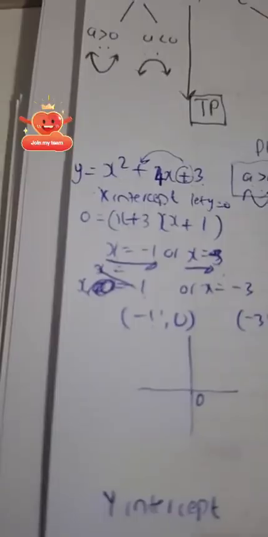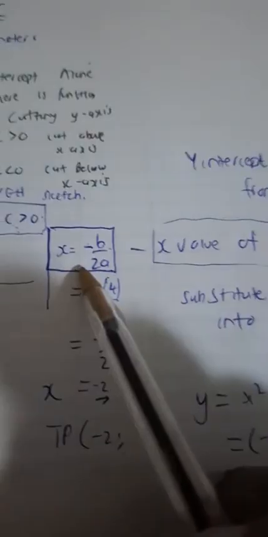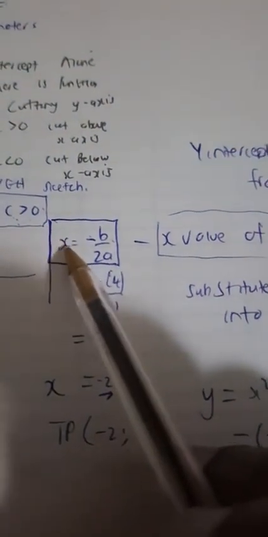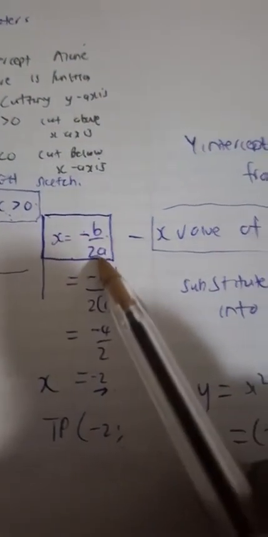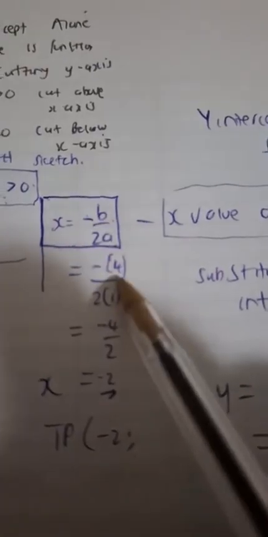After that, we went ahead and found our turning point. How? We have a formula that we use to find the turning point. It's called x is equal to -b over 2a. That's how we get the x value of the turning point, if our function is in this quadratic form. So we substitute for b.